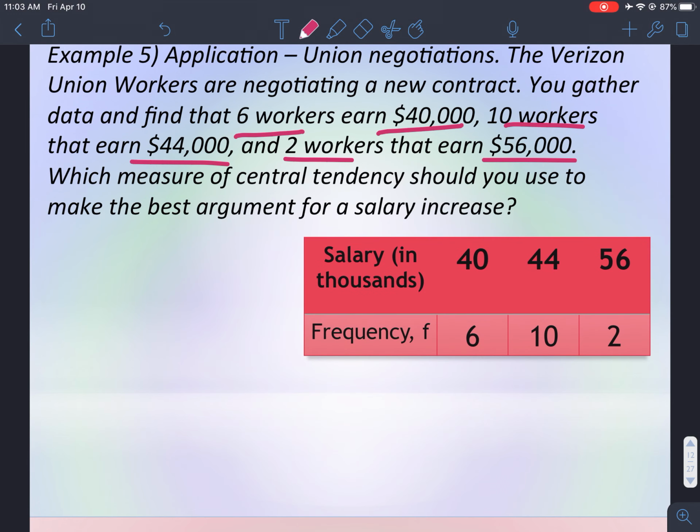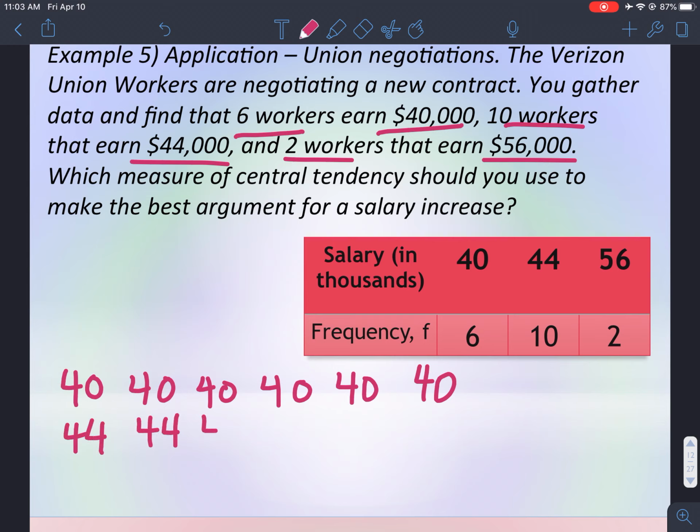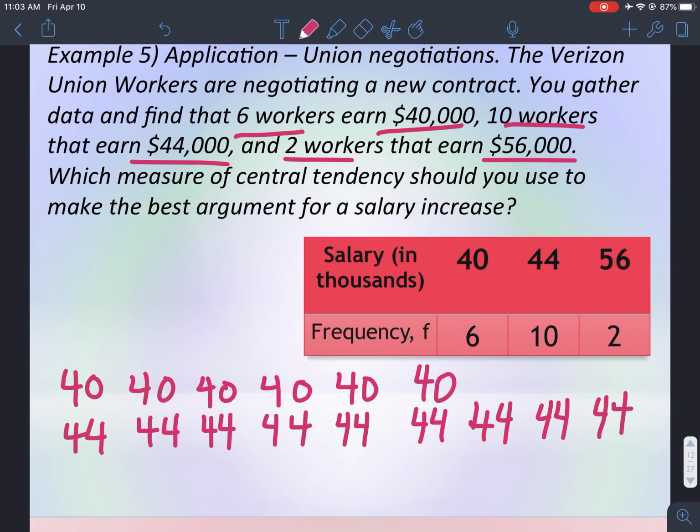But remember that because there are duplicates, it's really a data set that looks like this. 6 40s, 10 44s, and 2 56s.